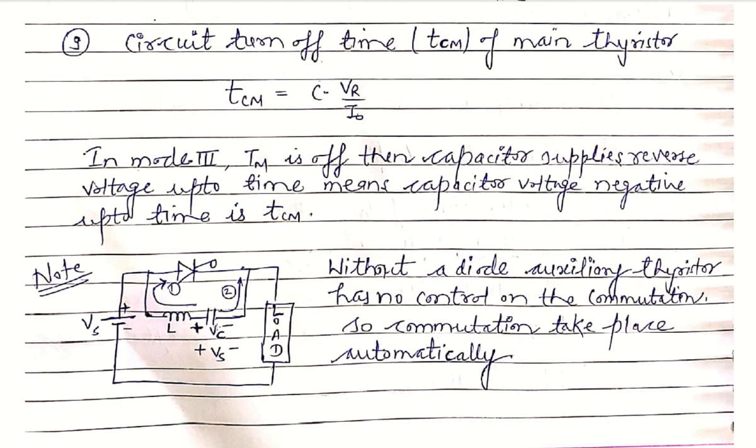So if we do not use the diode, then at the end of the cycle, when this capacitor voltage reverses, it will automatically turn off this TA thyristor. So if the auxiliary thyristor turns off automatically, then commutation will be automatic. So there is no control on the commutation. So it will not be a good condition.